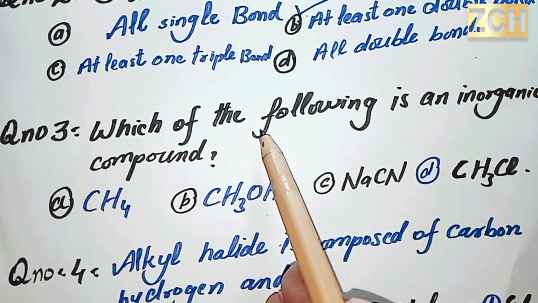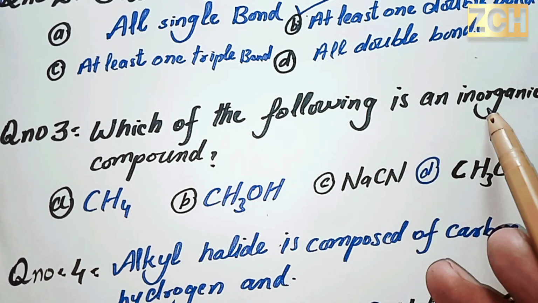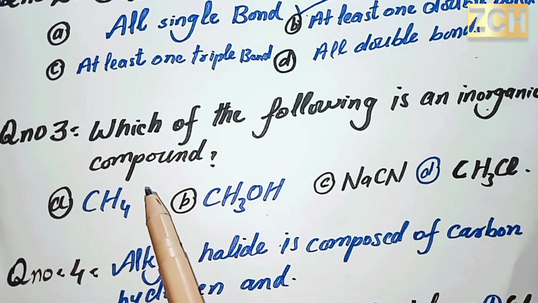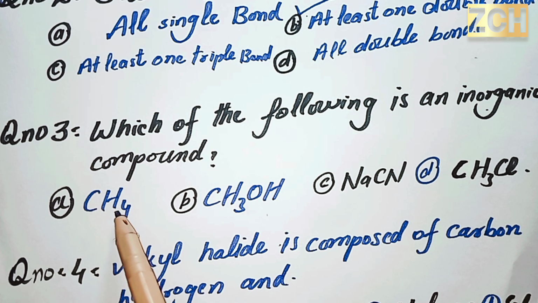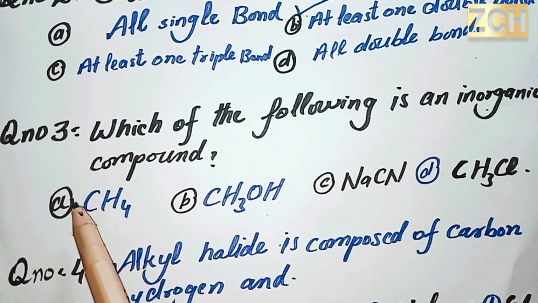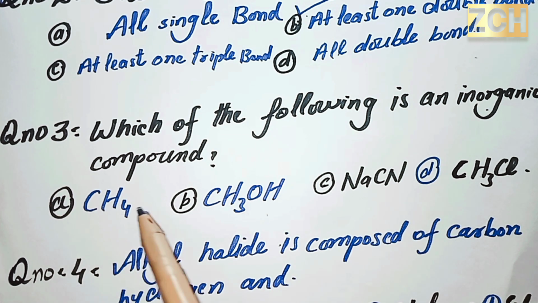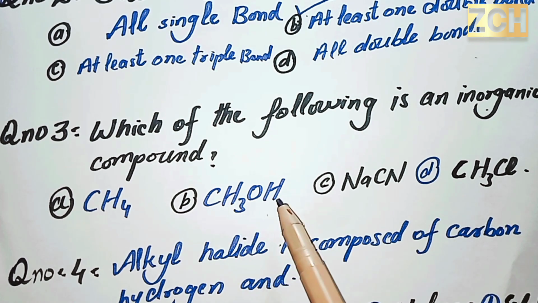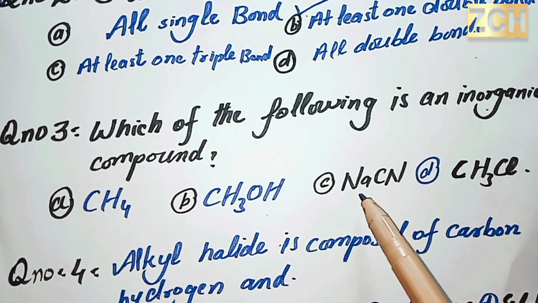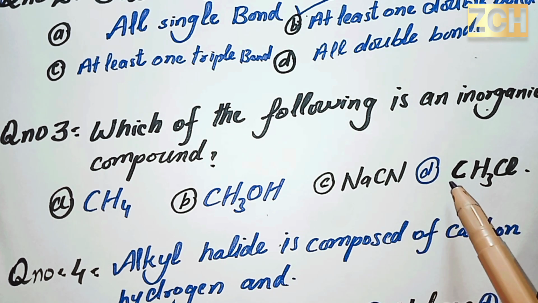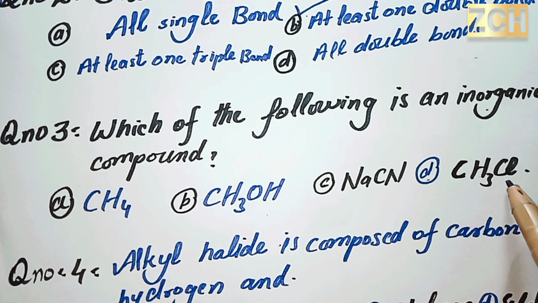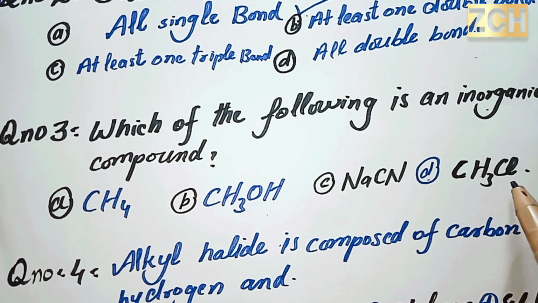Which of the following is an inorganic compound? We know that organic compounds are compounds of carbon and hydrogen. Option A is CH4, option B is CH3OH, option C is NaCN, sodium cyanide, and option D is CH3Cl, methyl chloride.